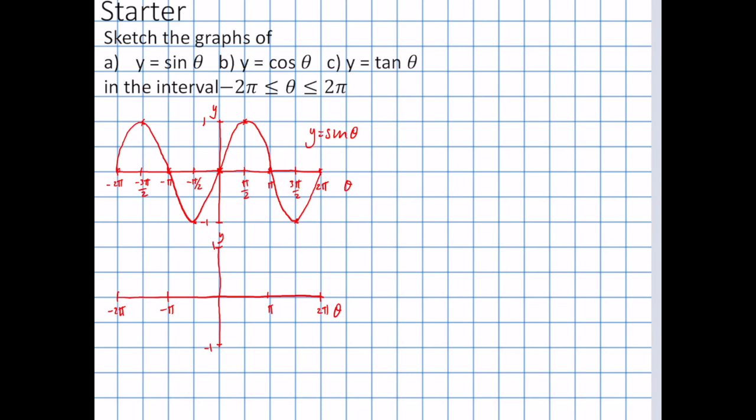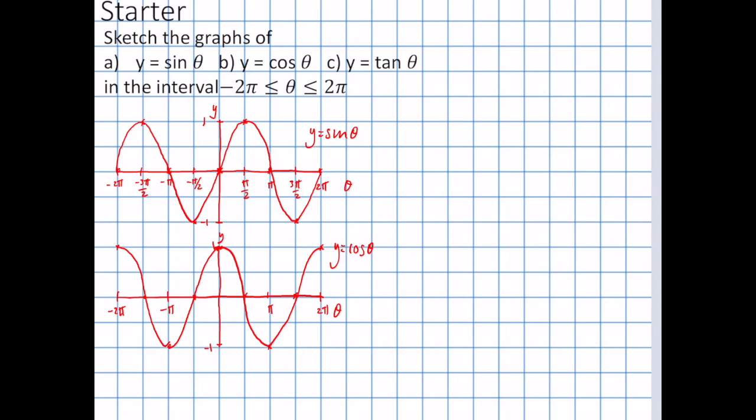So we start off up here, down to 0, down to minus 1, back to 0, and up to 1. So we get this kind of a shape. And that's reflected in the y-axis. So it looks like this. There's our graph of y equals cos theta.